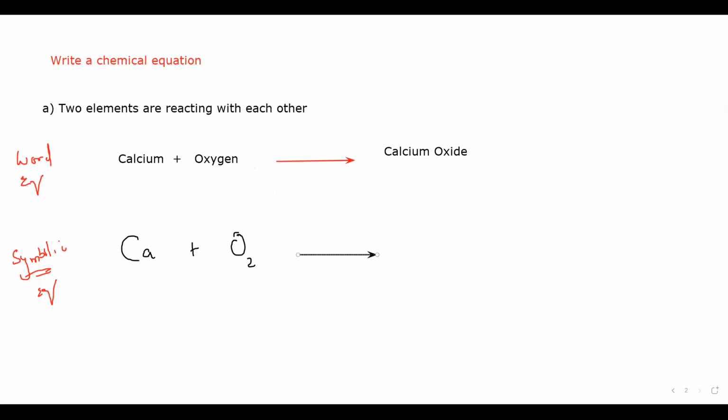Then how to write a formula of a compound, that we already discussed. How to write the formula of calcium oxide. To write a chemical formula, you have to use the periodic table again.